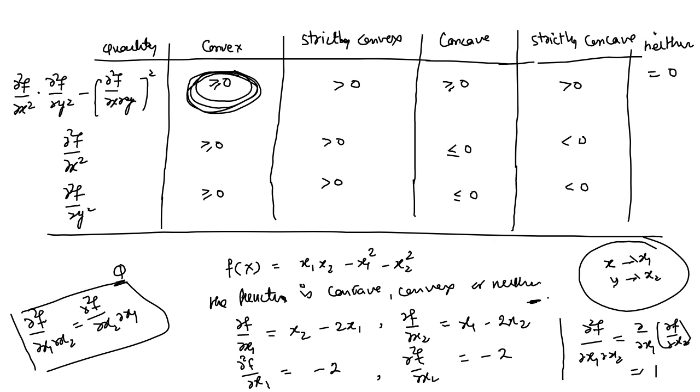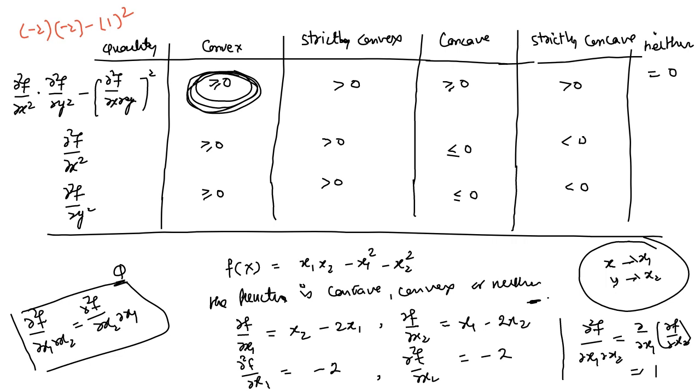When we put these values in this equation, del square f upon del x square is minus 2, and del square f upon del y square is also minus 2, and minus 1 to the whole square.